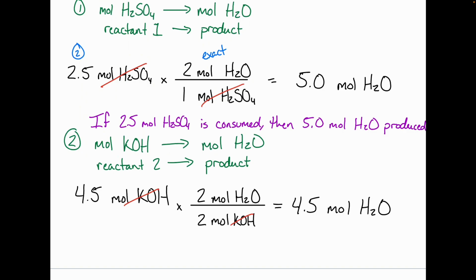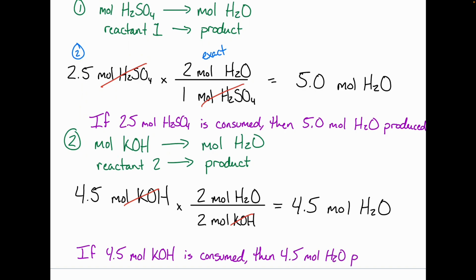That first calculation is telling me if every bit of that H2SO4 was consumed, how much water would be made. And my second calculation is saying if 4.5 moles of KOH are consumed, then 4.5 moles of water are produced.